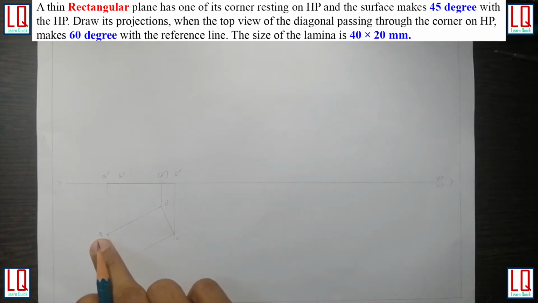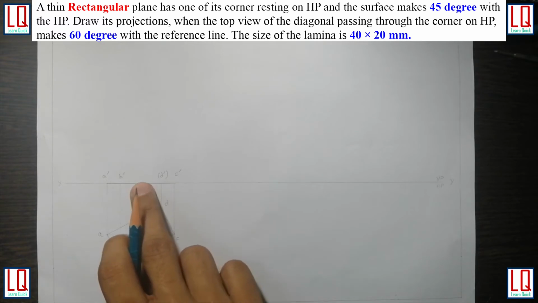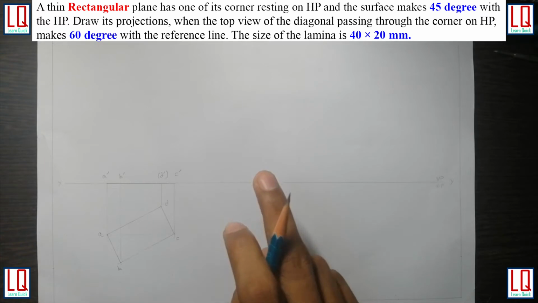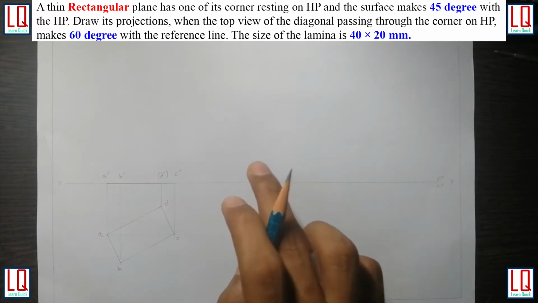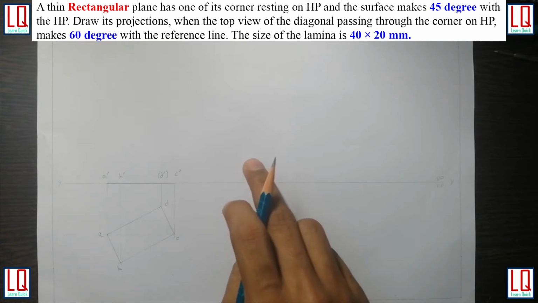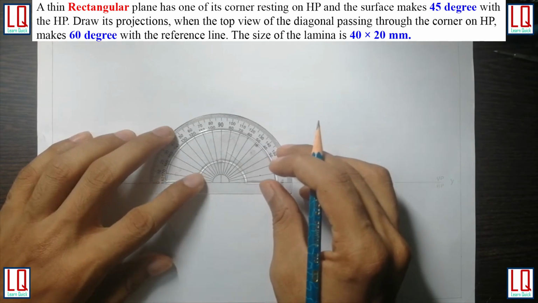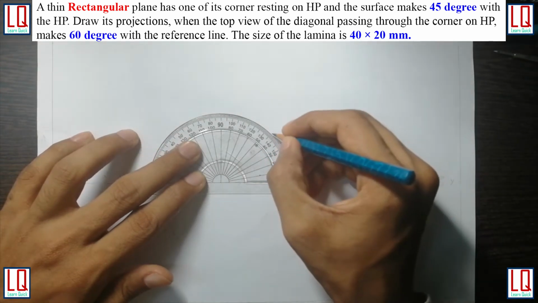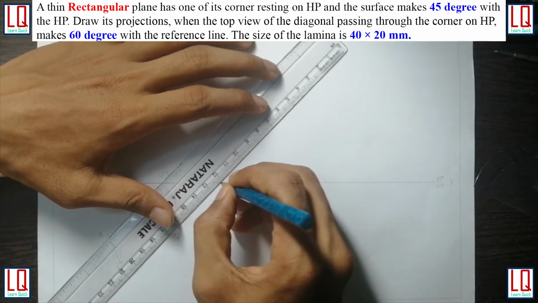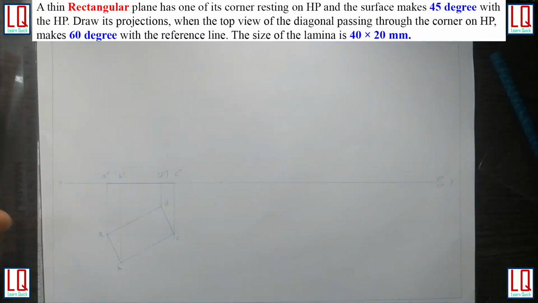Now I consider the corner A as the resting corner. In step 3, I am going to incline the rectangular plane at 45 degree to HP. When 45 degree to HP is given, I have to take the 45 degree in VP because the inclination will be visible in your vertical plane. So consider a point and then mark 45 degree and draw a light line to begin with.